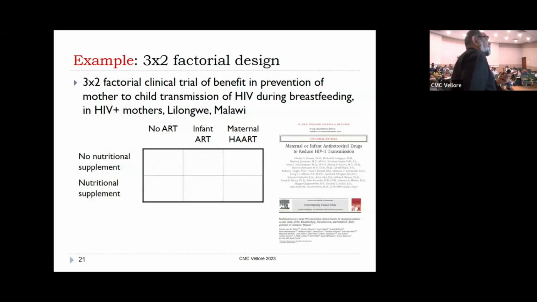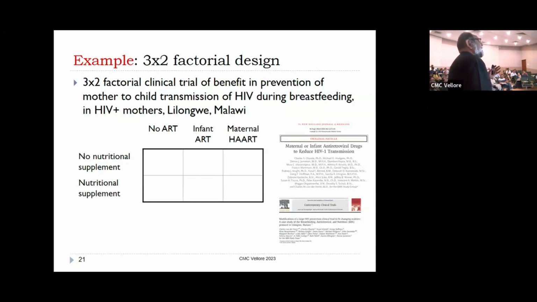This one I actually participated in. It was a colleague of mine who worked on this, Dr. Vanderhorst. This was a study of HIV, and this was before it was known what to do to prevent mother-to-child transmission of HIV during breastfeeding.